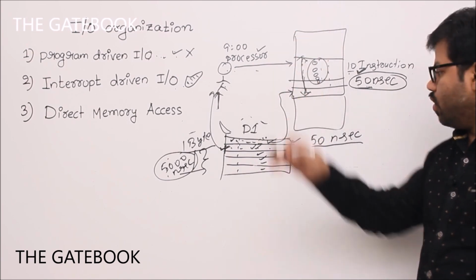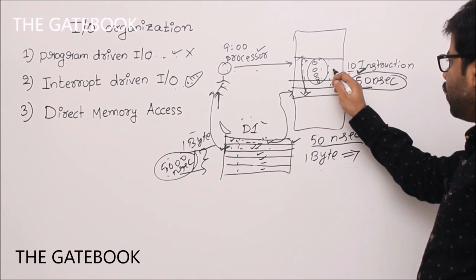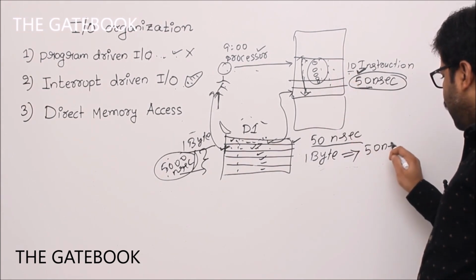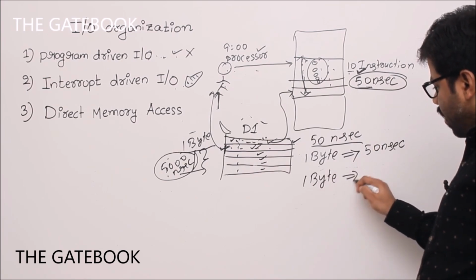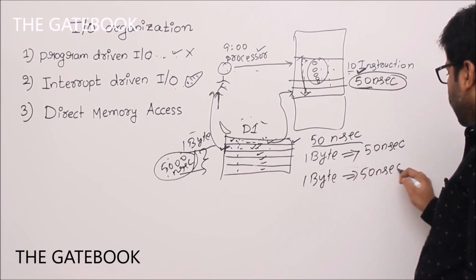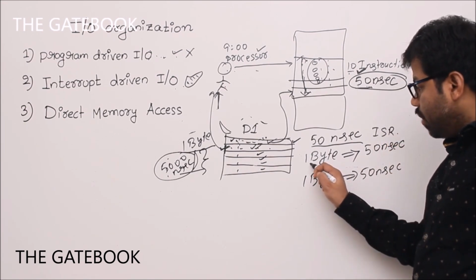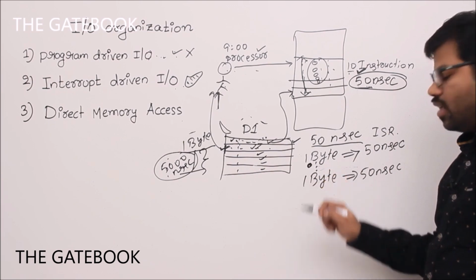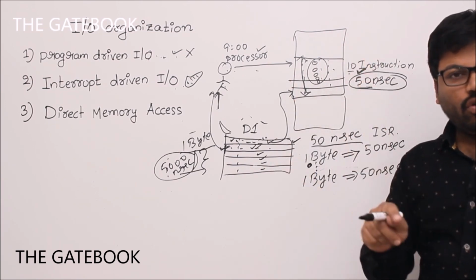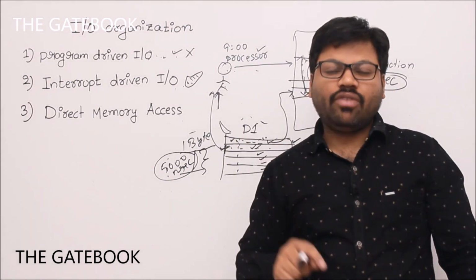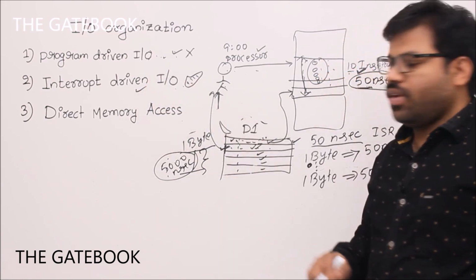It will not wait for you. In that way, for every 1 byte we will be using the CPU only for 50 nanoseconds, right? After one more byte, again the CPU will come and execute the interrupt service routine. So this is the interrupt service routine time, only 50 nanoseconds. In between byte transfers, if there is a delay, the CPU will not wait, it will do other work, correct? Because the CPU will come to your program only if your device creates an interrupt, right? That is about the power of interrupt driven IO.